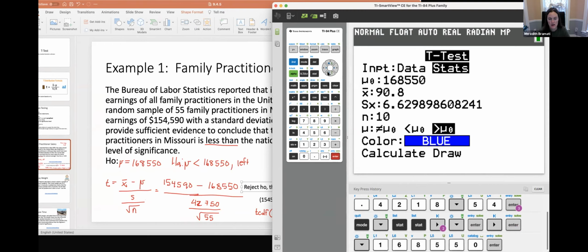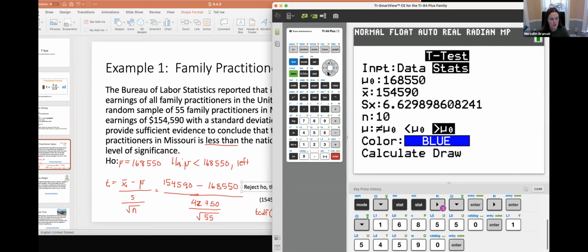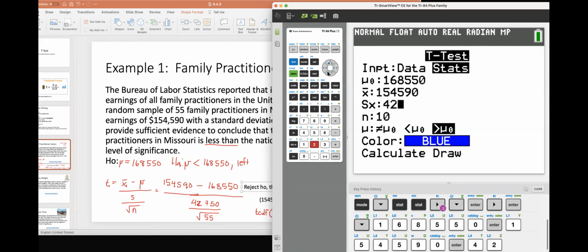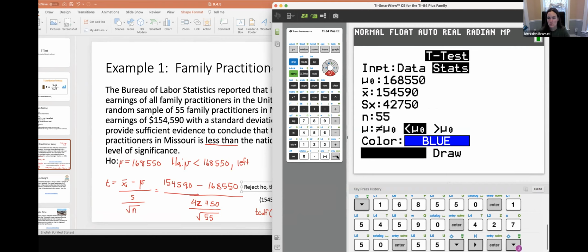What was our sample mean? 154,590. And our sample standard deviation? 42,750. And our sample size? 55. Now remember, we need to make this directional look exactly the same as our HA, and our HA has it less than. I'm going to hit calculate because I know that some people's apps don't do the draw, so you can see.